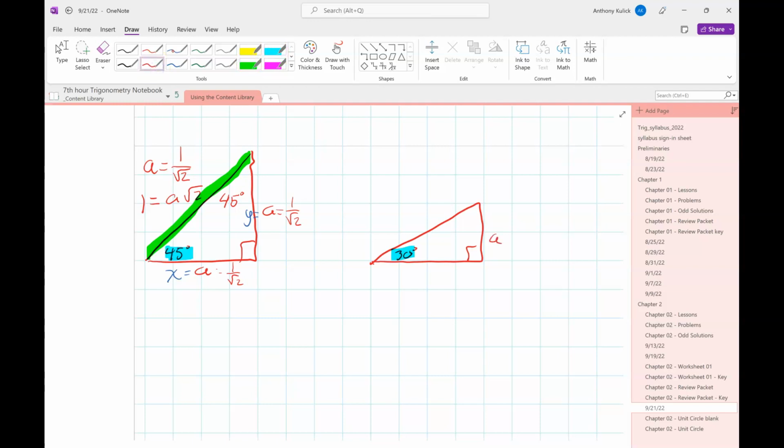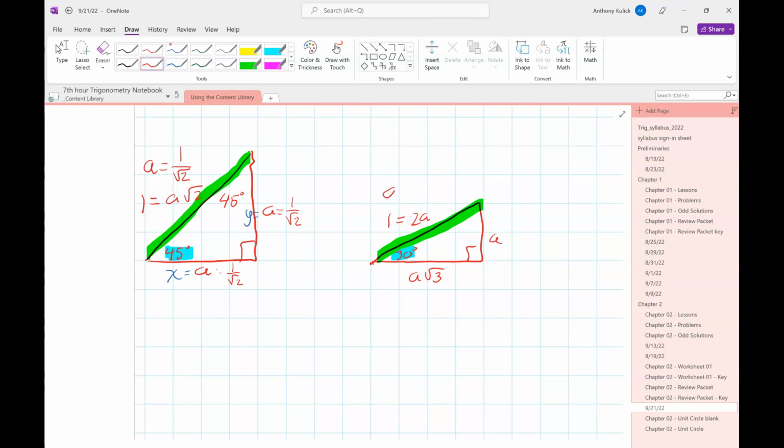The ratio of side lengths for a 30, 60, 90 right triangle are a, a root 3, and 2a. Remember, the hypotenuse is a radius for our unit circle. So the radius has to equal 1.